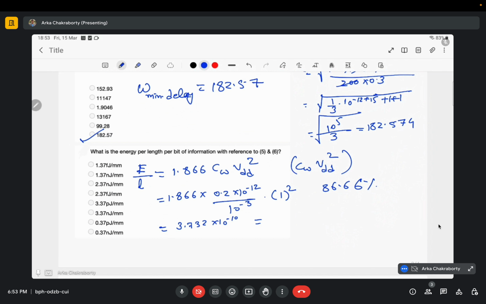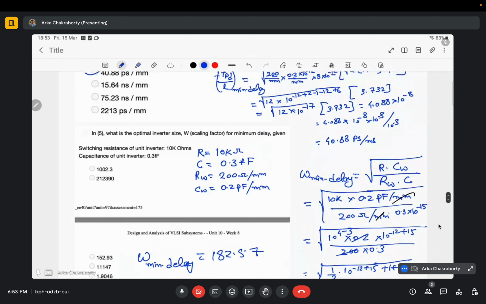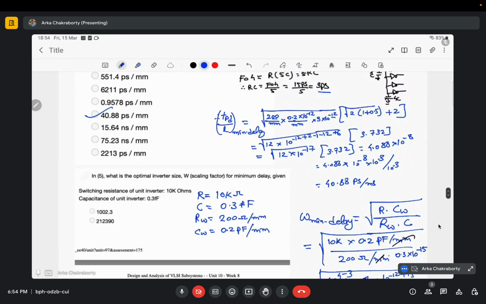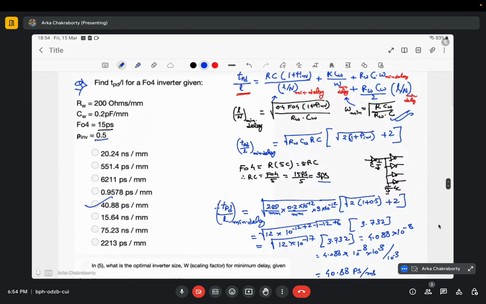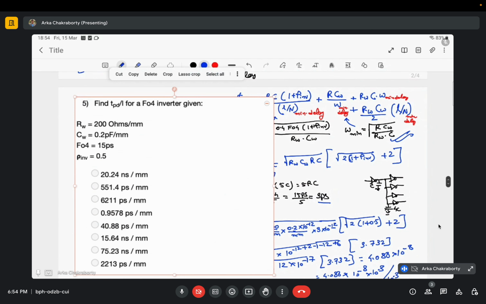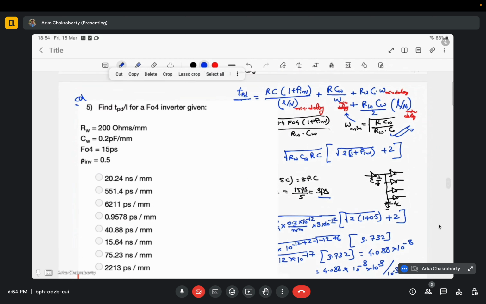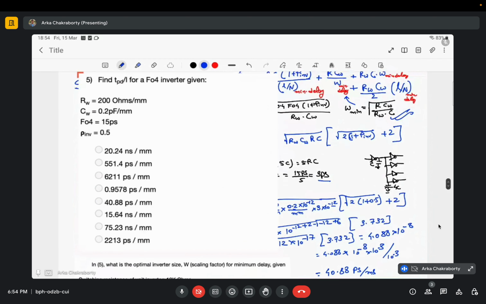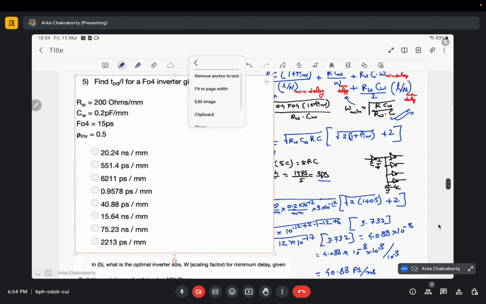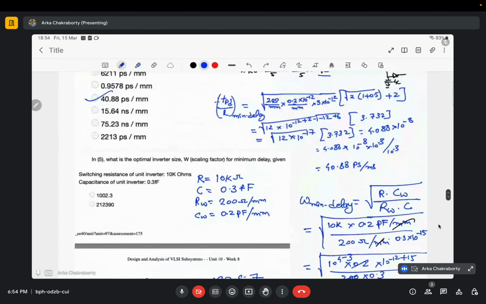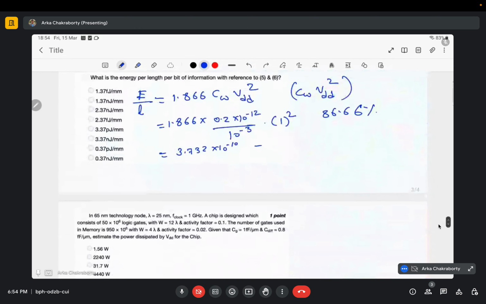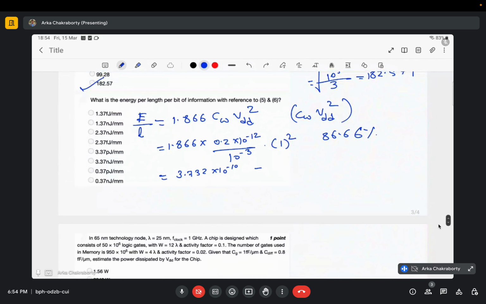1.866 CW, 0.2 picofarad per millimeter it was. Okay, 1.866 into 0.2 into 10 to the power minus 12 divided by 10 to the power minus 3.